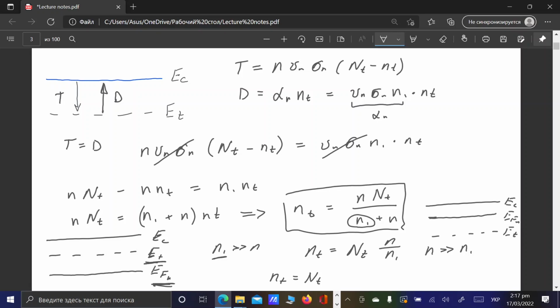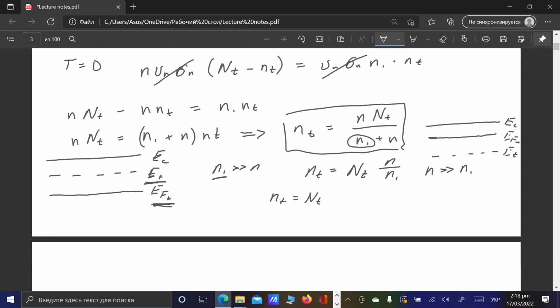So now with this we can proceed further and discuss the definition of these demarcation levels, which will give us this quantitative possibility to distinguish between traps and recombination centers. So let us go to another slide.